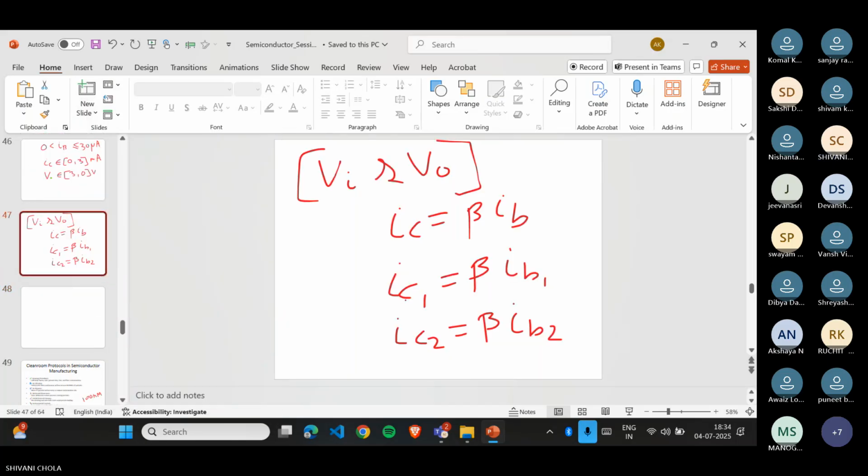Let's call this equation 1 and this equation 2.